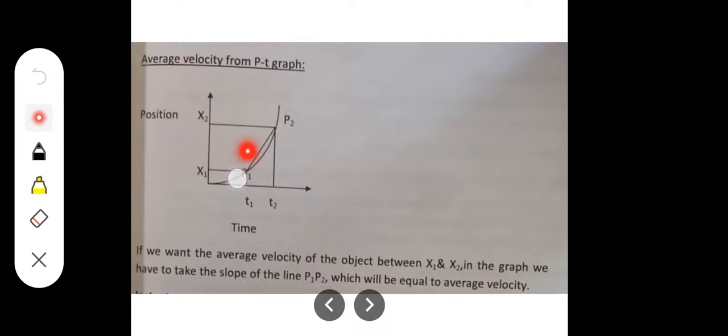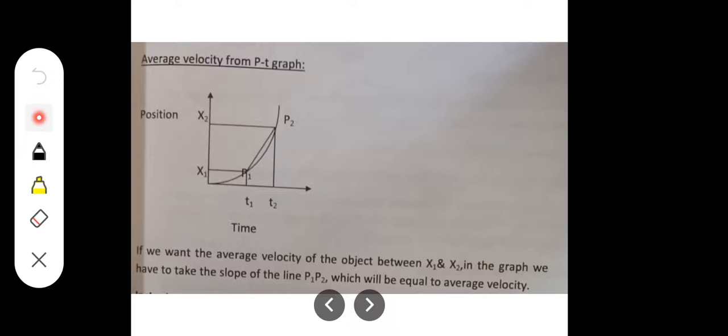Don't worry about these lines. These lines are for understanding how to get the slope. Okay, I explained that already, so don't worry about that now. If we want the average velocity of the object between x1 and x2 in the graph, we have to take the slope of the line p1, p2, which will be equal to average velocity.